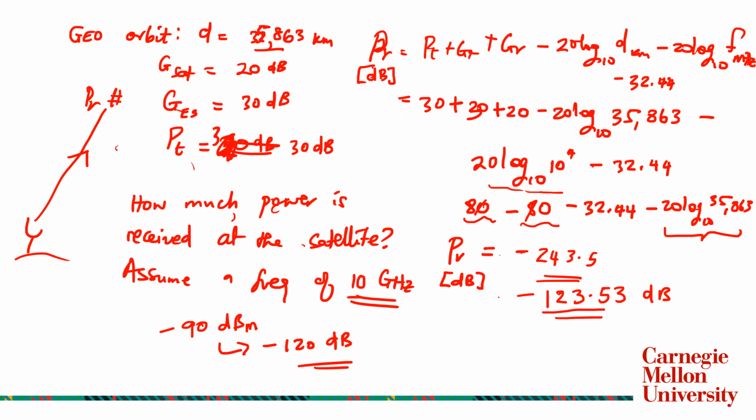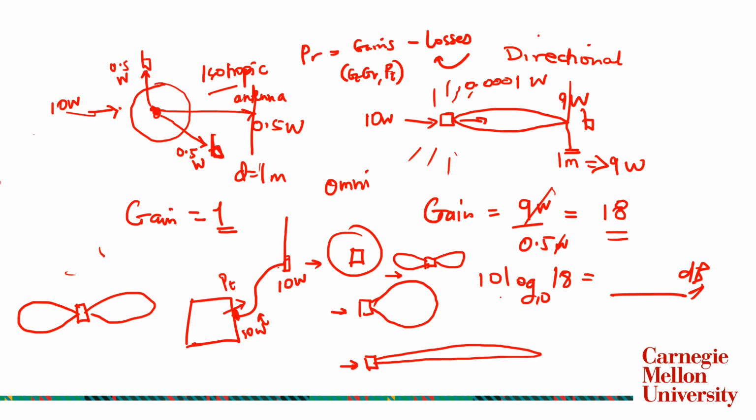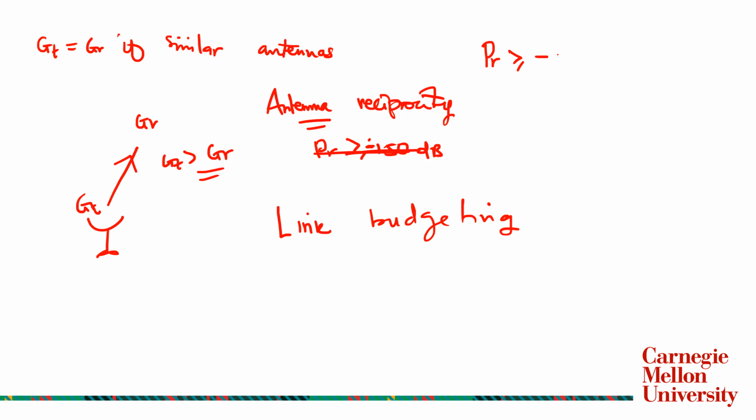So what if I needed it to be higher? And by higher, we know that the negative value becomes smaller. So if I needed it to be, say, negative 110 dB, and I know that my GT is 30, GR is 20, same link.